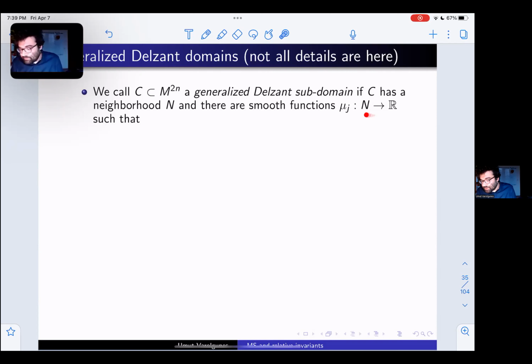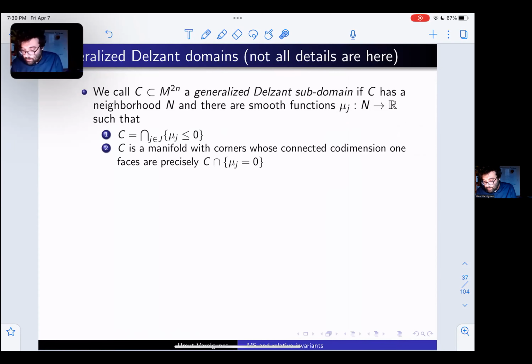So there are these functions that are defined in a neighborhood of this subdomain, such that if you look at the places where these functions are non-positive and take their intersection, you get your generalized subdomain, the C. And the C is a manifold with corners whose faces are exactly given by the vanishing of these functions.